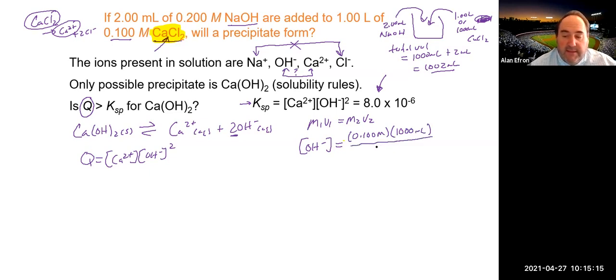I did that because I did my total volume in milliliters. That way, the milliliters will cancel. You can do both of those in liters if you like. Taking that, we get 0.1 times 1,000 divided by 1,002.